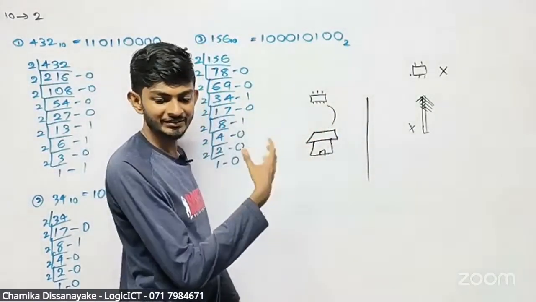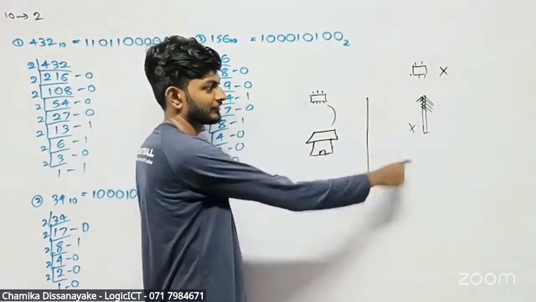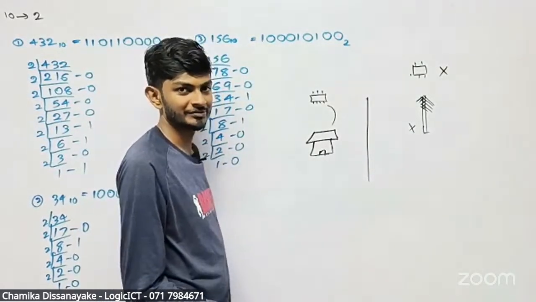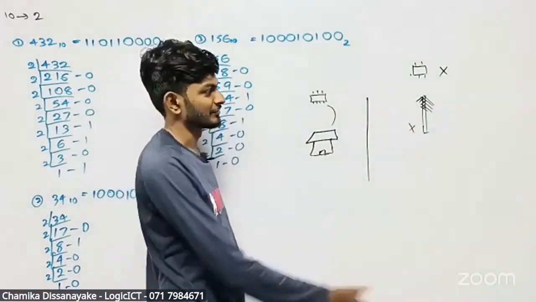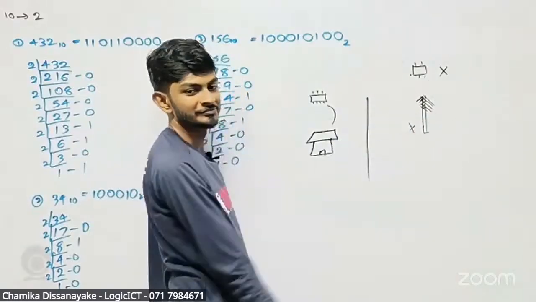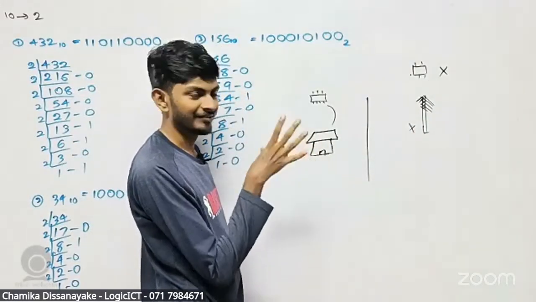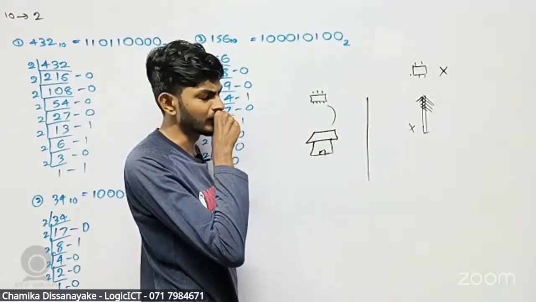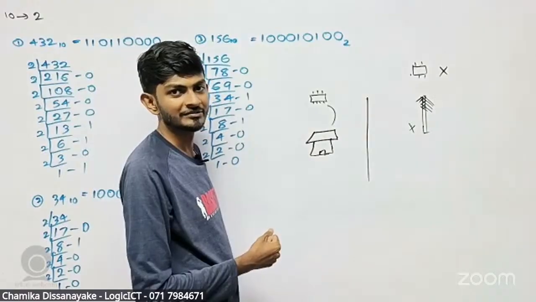That means we have the power, but the signal tower does not have the power. So all the signal will be lost. So this is going down. That is the thing. Actually, that is the reason we have lost the signal.